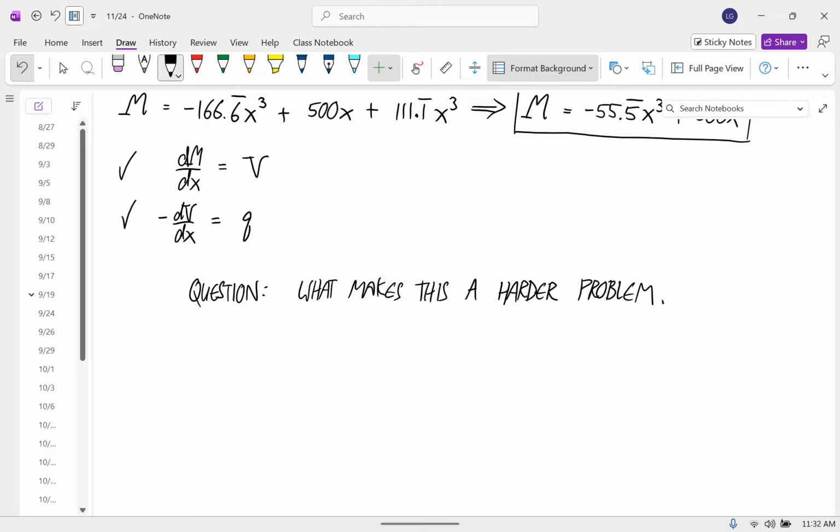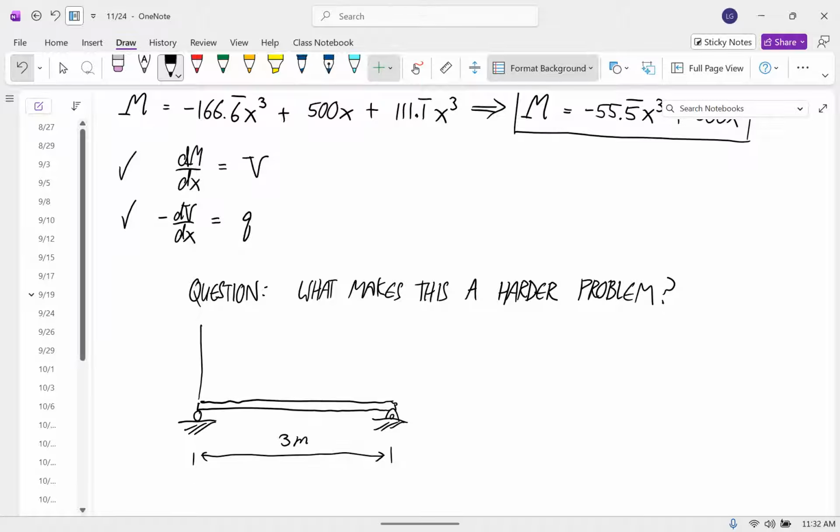So let's say that instead we had a pin joint here and a roller here, and this is 3 meters. And we had a distributed load like this.